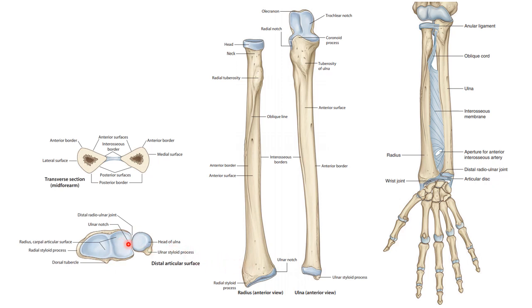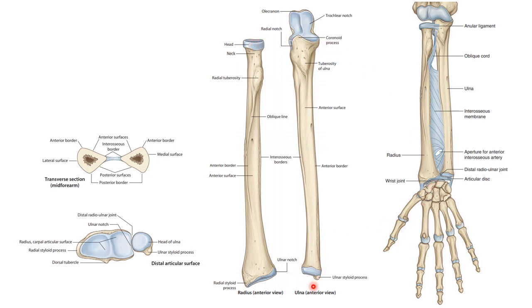Medially, we have the ulnar notch for the articulation of the head of the ulna, forming the distal radio-ulnar joint, which is the counterpart of the proximal radio-ulnar joint formed between the head of the radius and the radial notch on the proximal ulna.